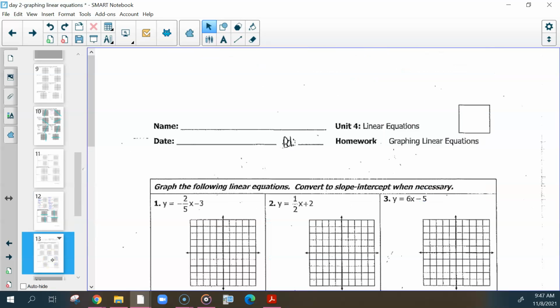First, I would say focus on the Khan Academies and Delta Math. If you did not do those 2 Khan Academies that we worked on after class last time, you can start those. Work on the Delta Math. That is due Wednesday. If you've already done those 3 things, you can work on this practice, the last paper in the notes.